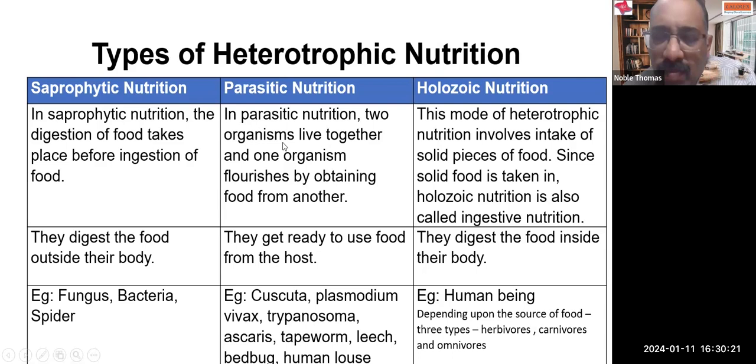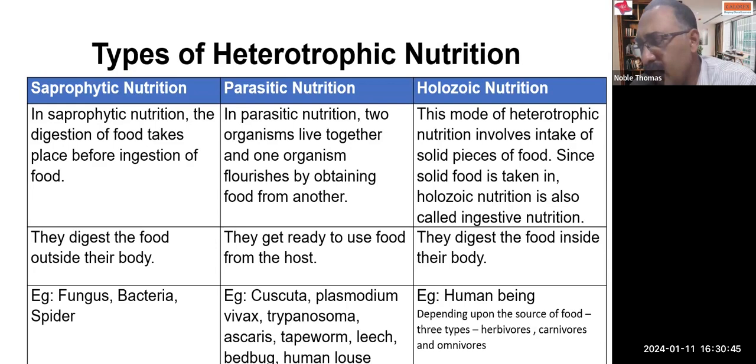It's a complete parasitic plant. So we are not separating organisms by whether they are plant or animal. We are discussing the type of nutrition. If an organism is depending on another organism for nutrition, whether it is a plant or animal, you will categorize them into these three categories.